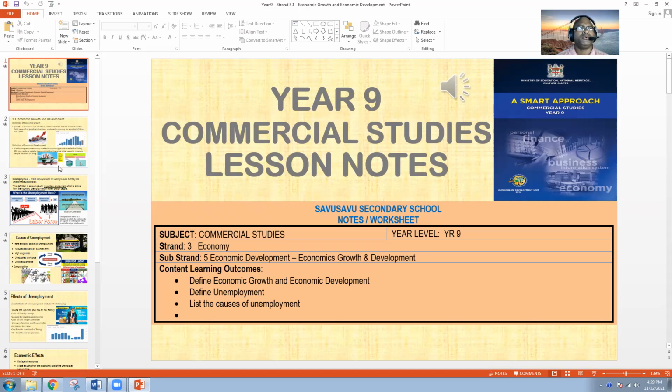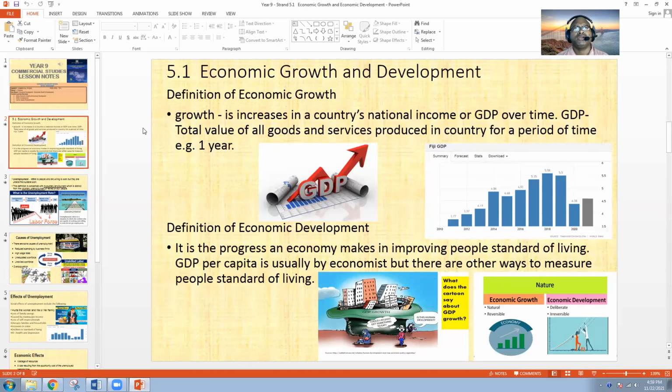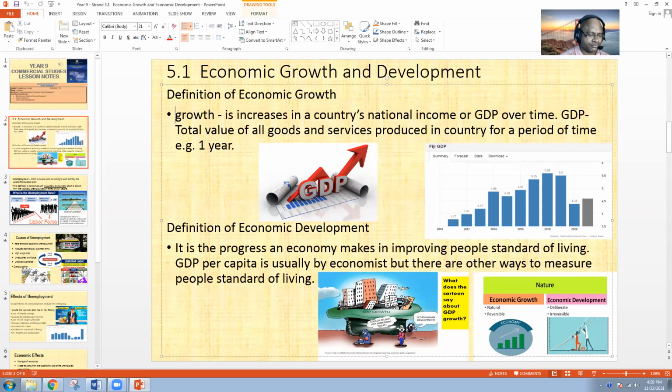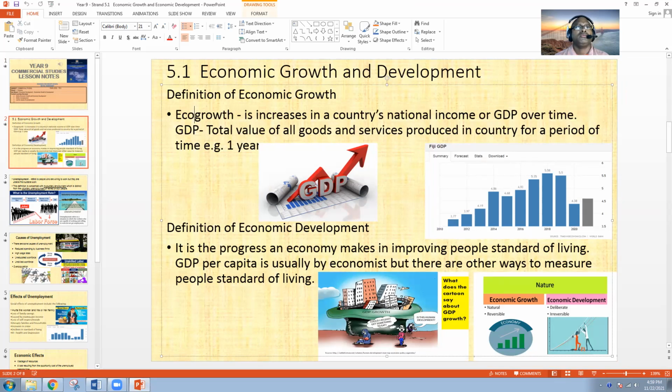Economic growth and development. First one, defining economic growth. Economic growth is an increase in the national income or GDP over time. The gross domestic product, GDP, is the total value of all goods and services produced in the country.